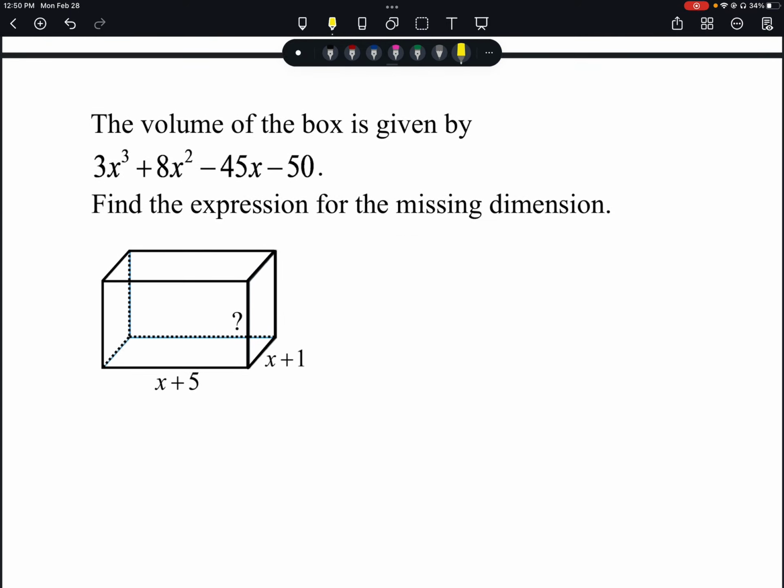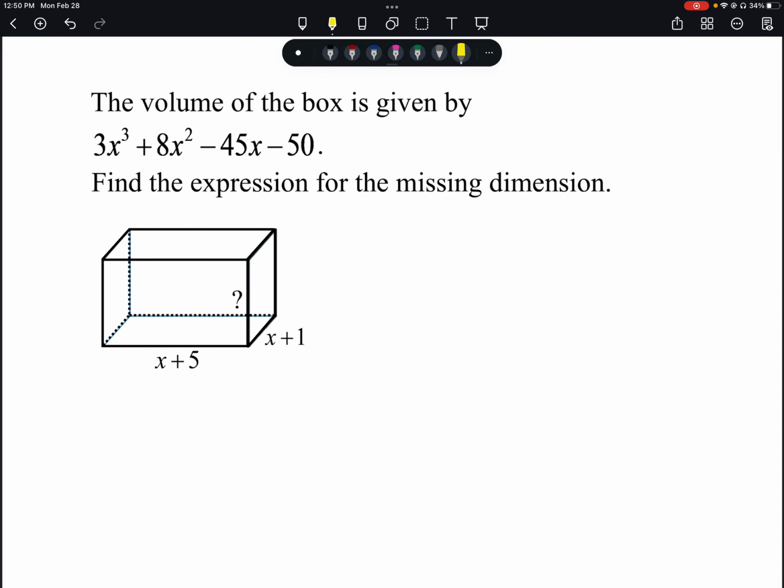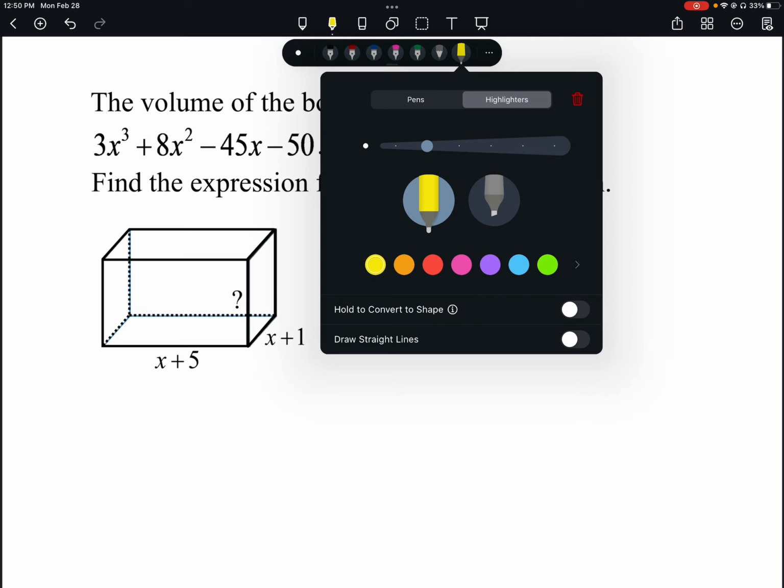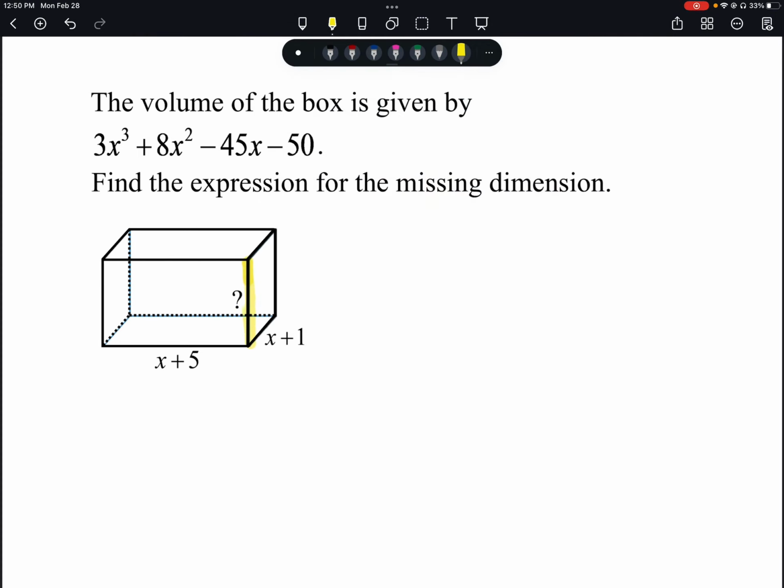All right, last one we have here says the volume of the box is given by 3x to the 3rd plus 8x squared minus 45x minus 50. Find the expression for the missing dimension. So I think that missing dimension is referring to the height of the box.